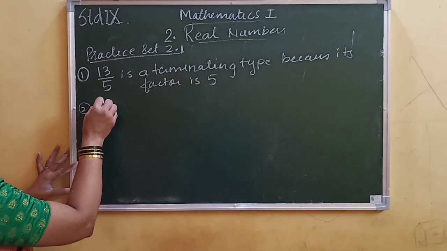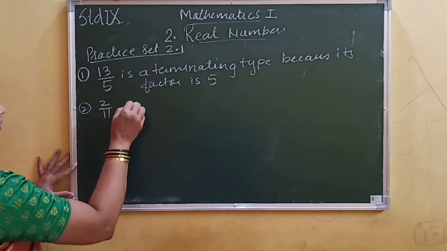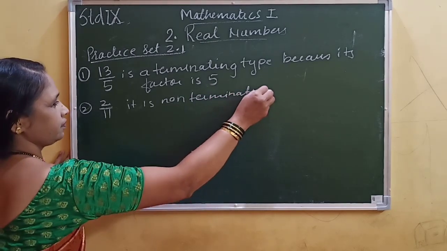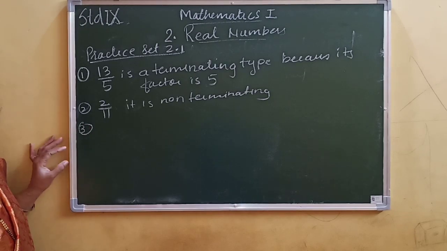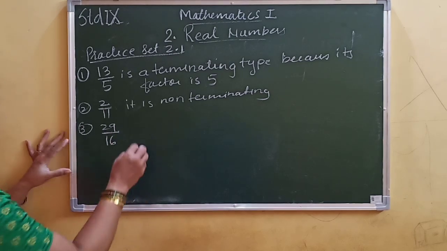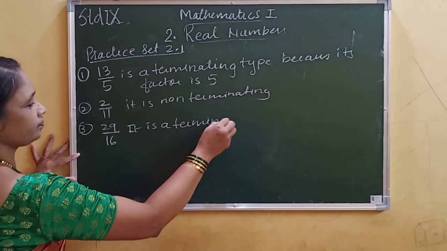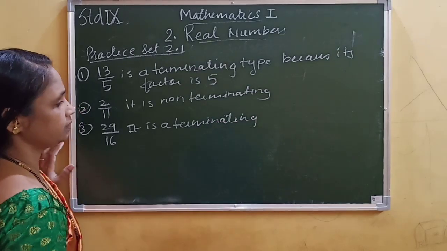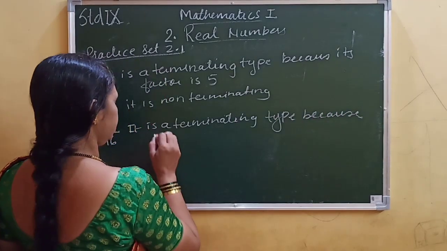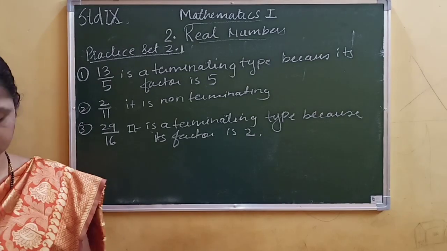Now second is 2 upon 11. You say it is non-terminating. Okay. Third one, 29 upon 16. Its factor is 2. So it is a terminating type because its factor is 2.